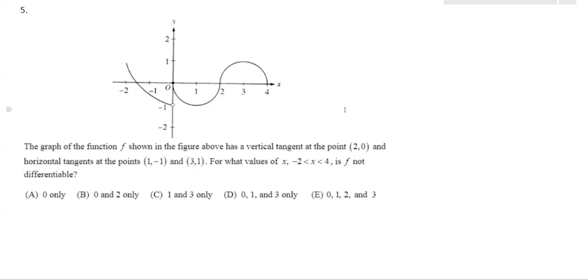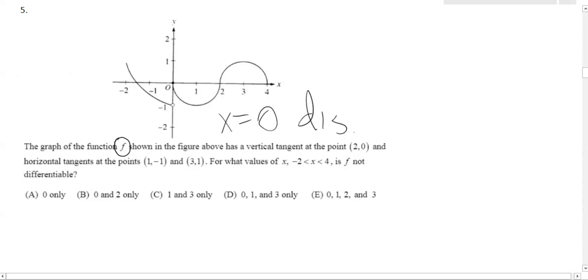Okay, so now be careful here because this is saying you're given the graph of f. This is not the graph of the derivative, but you're being asked questions about the derivative, essentially, given the graph of the original function. So at x equals 0, I have a discontinuity, and I know at x equals 2, I have a vertical tangent.